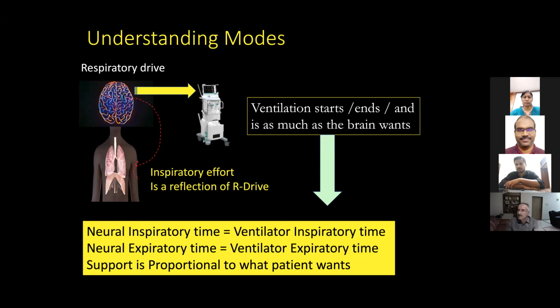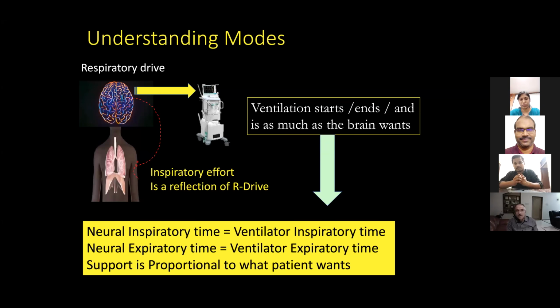When there is hypoxia or hypercarbia, you should analyze, okay, this is not what the body wants. The body wants more. So I have to go up on the support. Always remember this. There is a patient component also. Don't always think you set the ventilator, it works. It doesn't work that way.